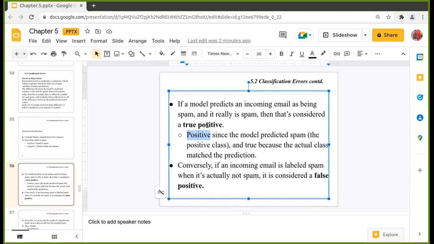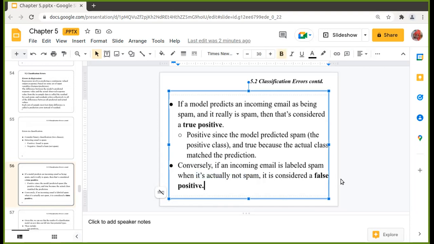Second case: consider the email is labeled as spam when it's actually not spam. Here my model is considering the incoming email as spam, but actually it's not spam.